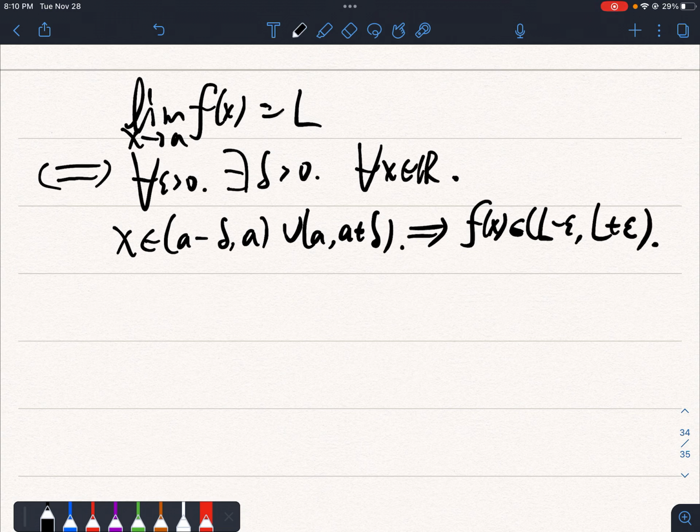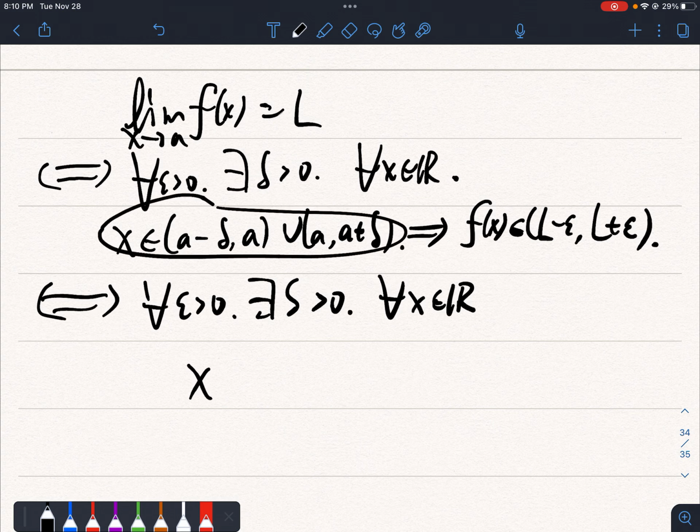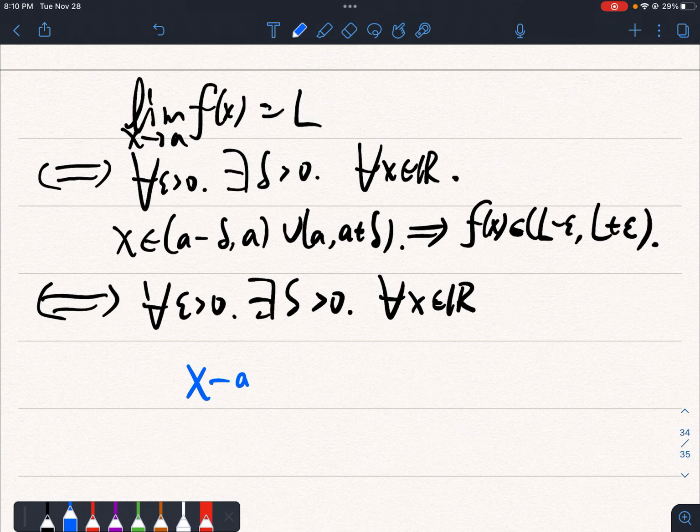This is too complicated, but we can rewrite it. We cannot change the for all and there exists, and for all x in R. But we can change the if condition into: the distance of x to a, or the absolute value of x minus a, is bigger than 0.